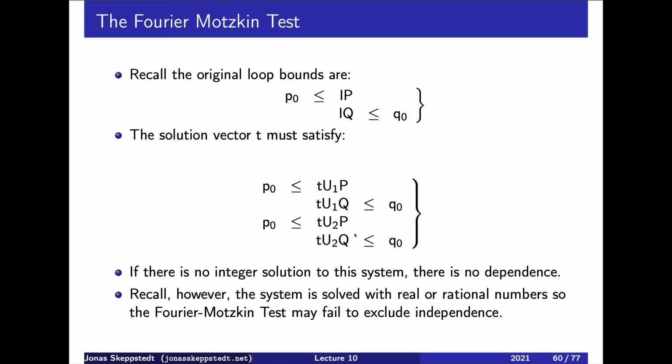And see if there is a solution with rational numbers. We want to know the integer solution, but that's NP-complete, so we don't look for it. Instead, except in special cases, where we can do some tricks as I mentioned, we look for a rational solution to these inequalities.